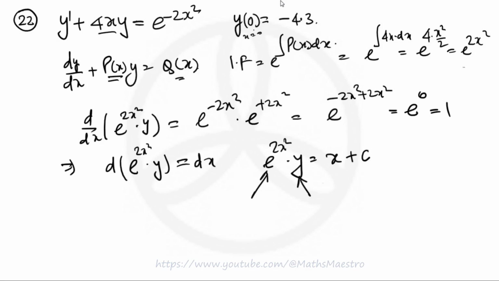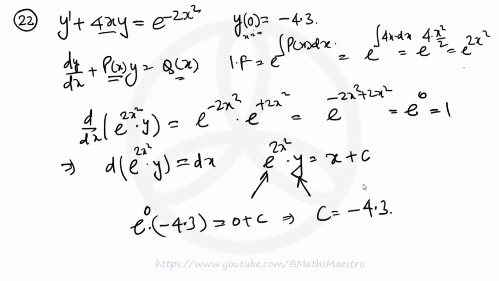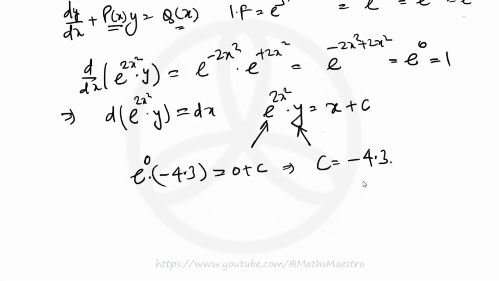So this will become e^0 times minus 4/3 is equal to 0 plus c, or c is equal to minus 4/3. Yeah, c is equal to minus 4/3.